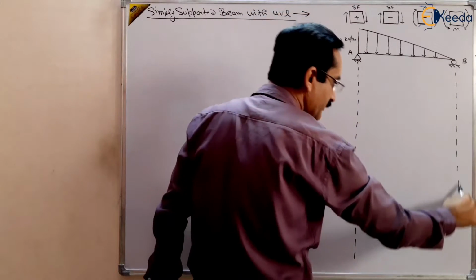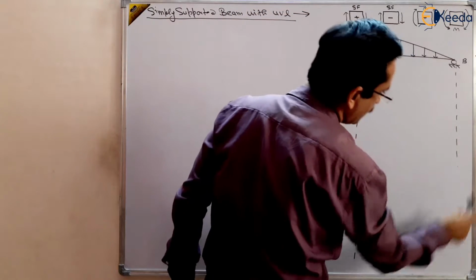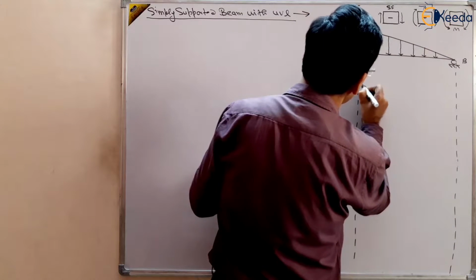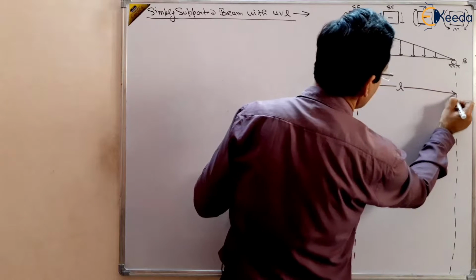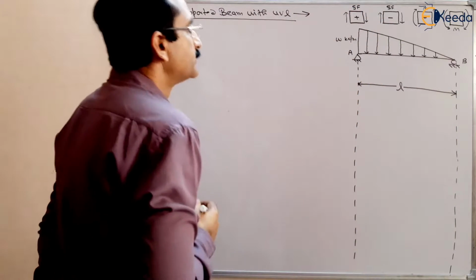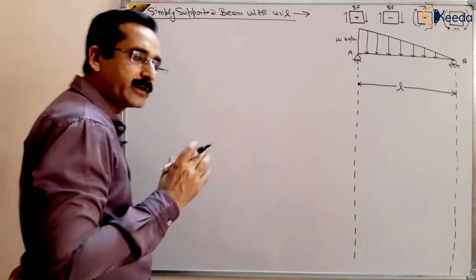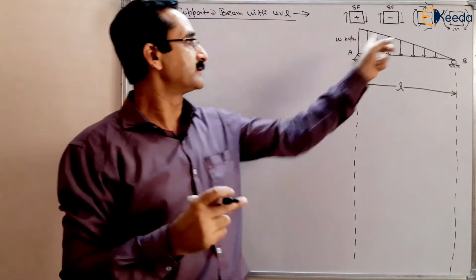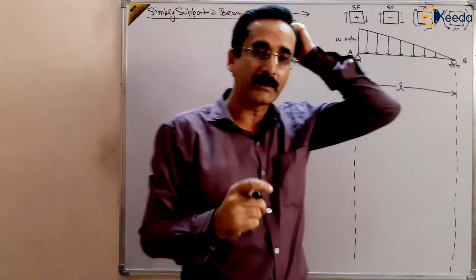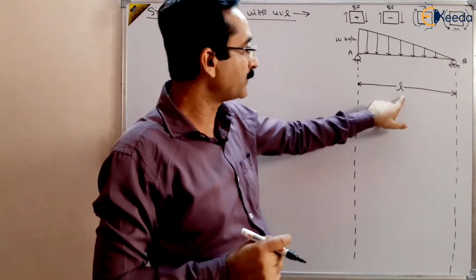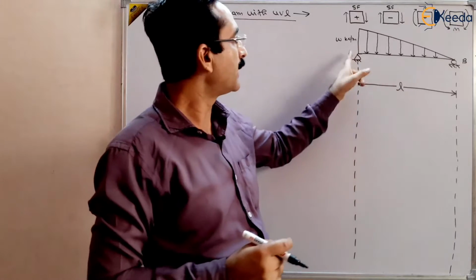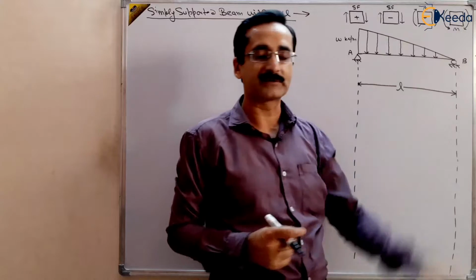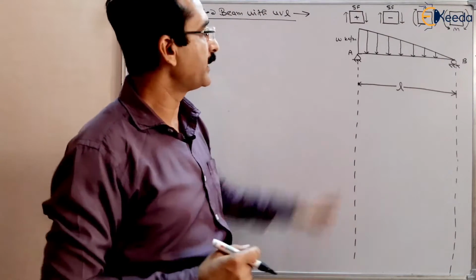Now, suppose the length of this beam is given as L. As you already know, in the case of a triangle like this, the centroid will be acting at h by 3, or L by 3 here, because we are taking L here, from the base, or 2L by 3 from the apex, and the value will be the area of the triangle.